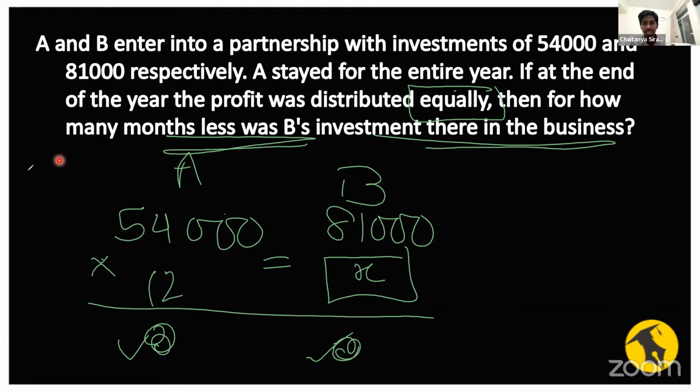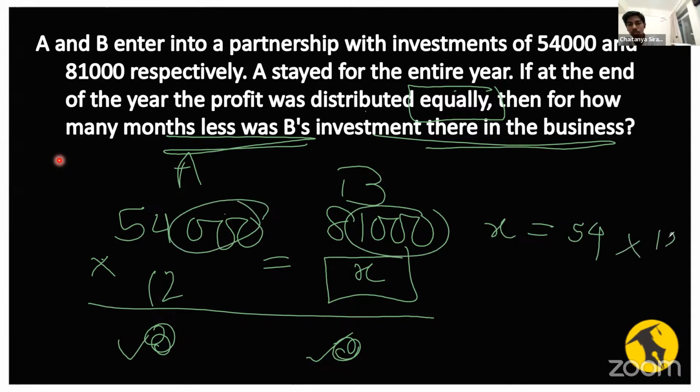This question is not directly related with your percentages. So we'll just quickly solve it. So if I solve it here, I'll get X equal to 54,000, I'm erasing this 1,000 part, 54 into 12 upon 81. I can divide by 9.